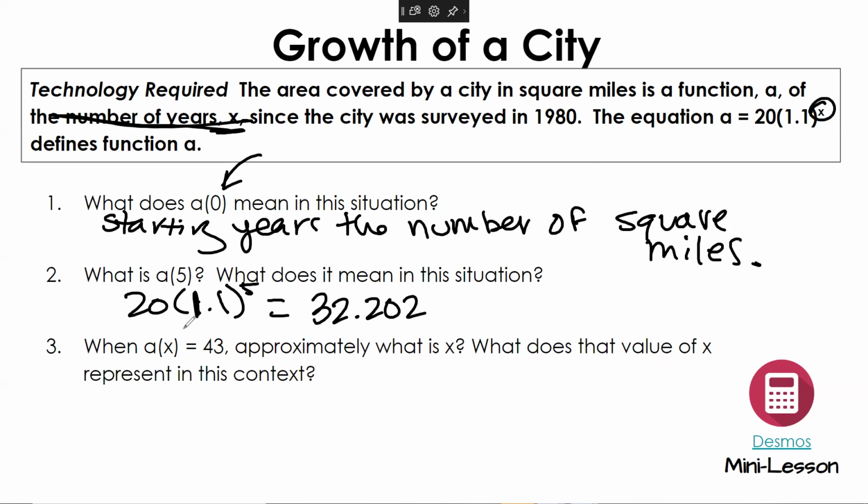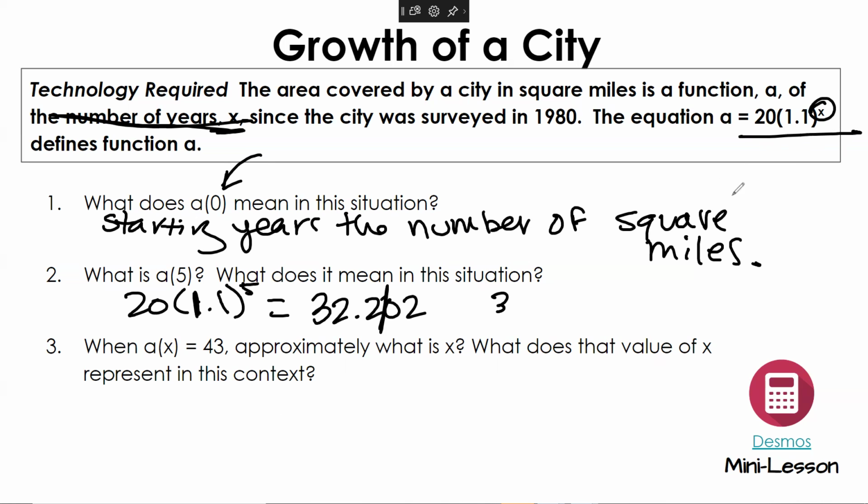Okay. And what does this mean in context? That means that year 5, after they've been surveyed, it's going to be 32.102 square miles. Boom.